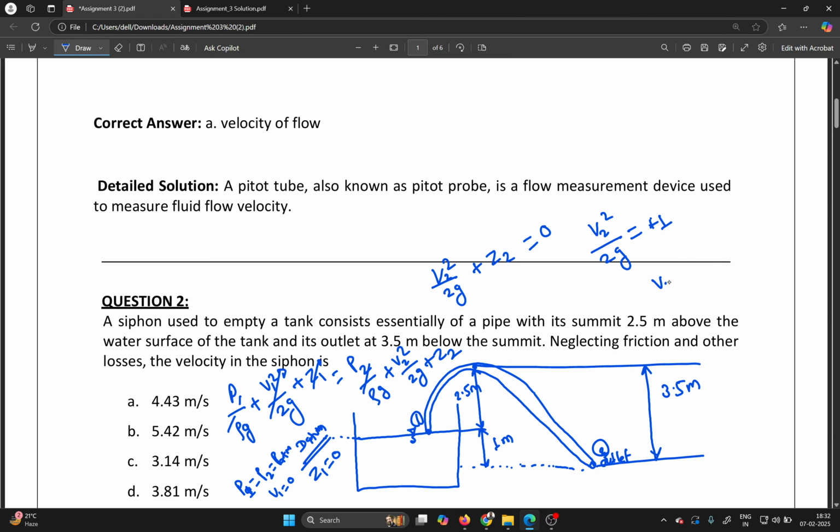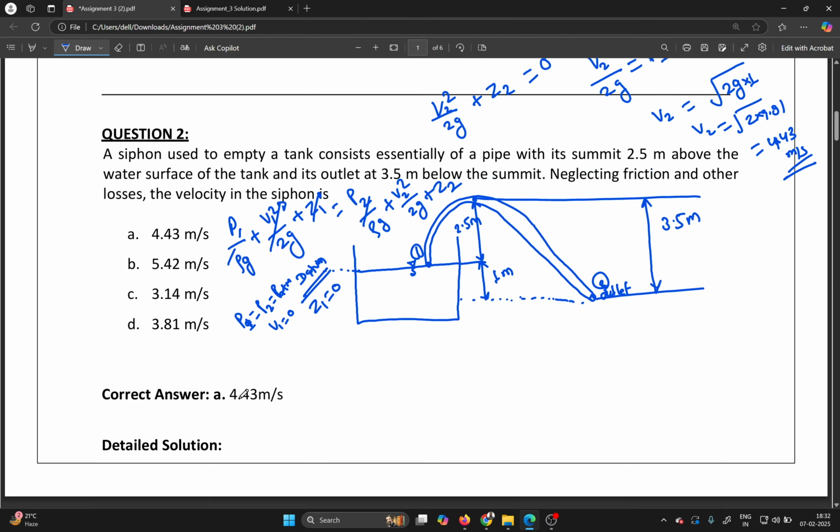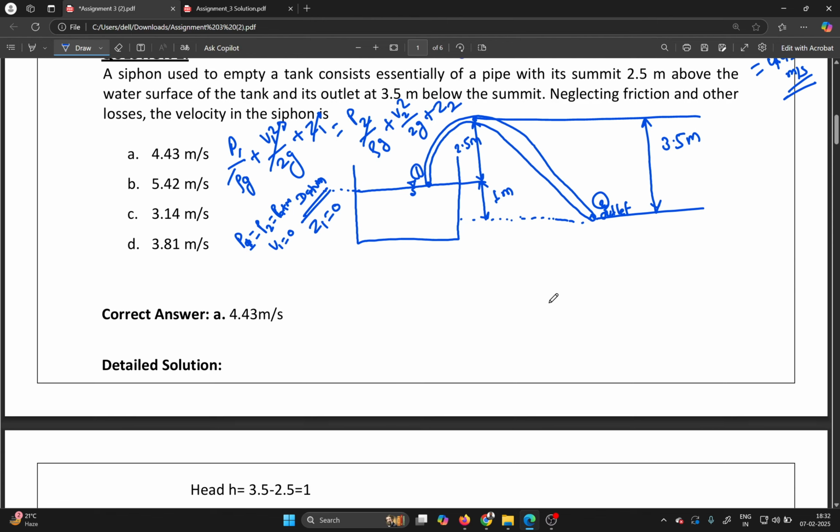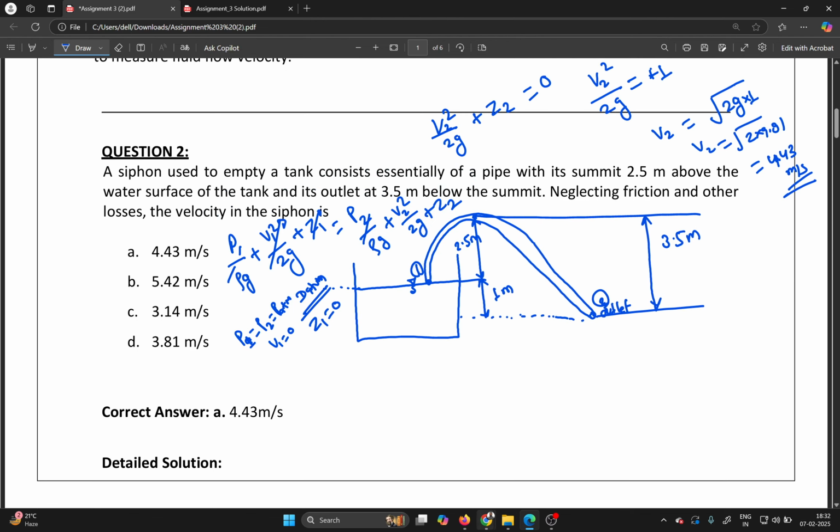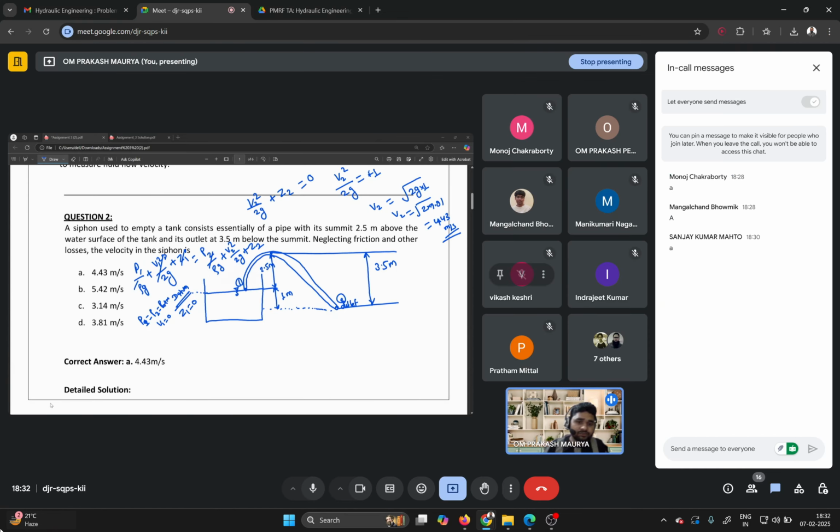So V2 equals root under 2g into 1, which is 2 into 9.81, about 4.43 meter per second. So option A is correct. Similar types of questions may come in your assignments or other competitive exams also.